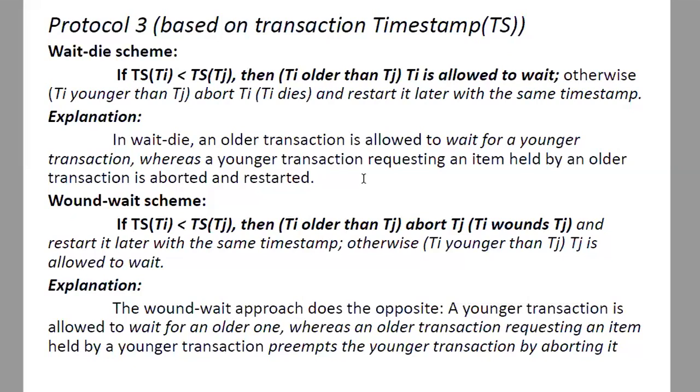Then the second one, the wound-wait scheme. It is just the opposite of the first one. In the previous scheme, we allowed transaction T1 to wait. Here, if Ti is older than Tj, then we abort Tj, that is T2, meaning the older transaction wounds Tj, and restart it later with the same timestamp.